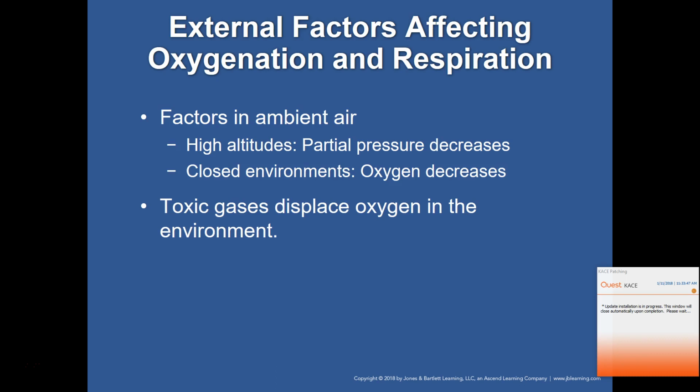So when we go up to higher altitudes, it's not the fact that there's a lower percentage. Of all the molecules in a given mixture of air at 14,000 feet, 21% of them is going to be oxygen, but there are fewer molecules there, if that makes any sense, because there just aren't as many molecules of oxygen at 14,000 feet as there are at sea level.